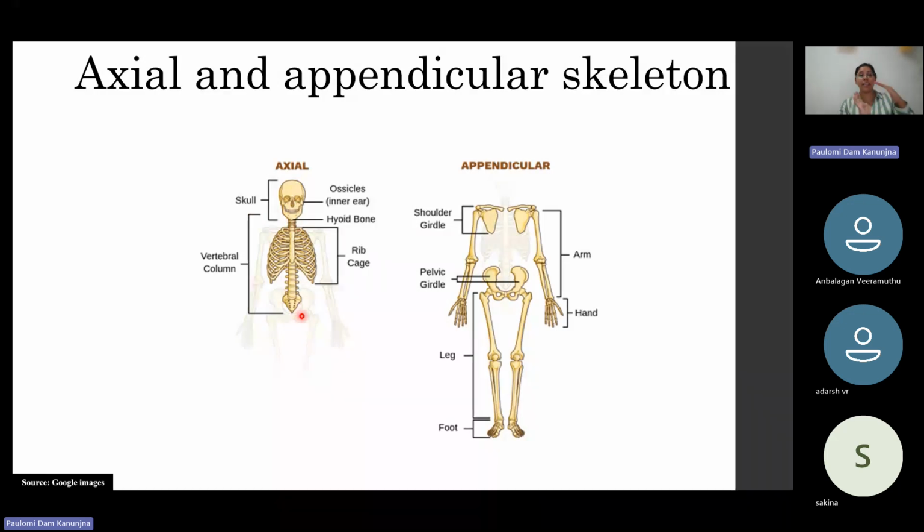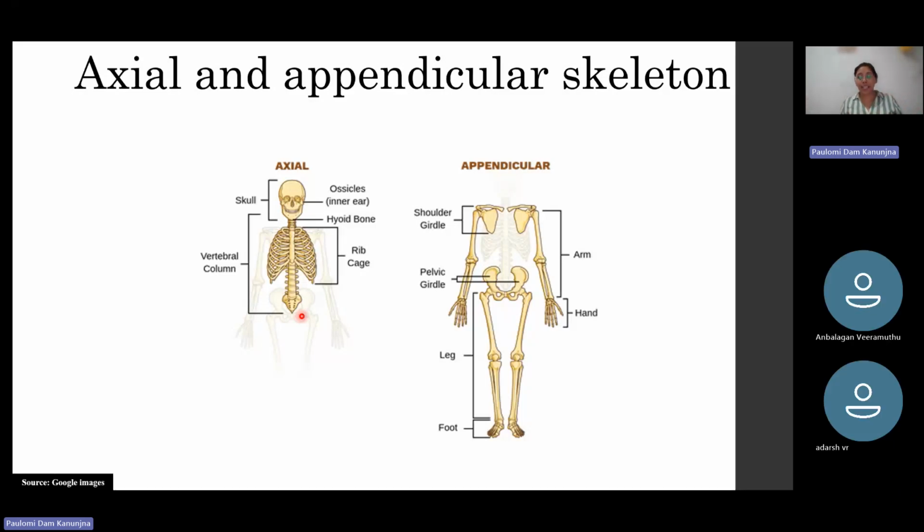So the vertebral column and skull make up your axial skeleton, while everything else is appendicular, be it your limbs, legs, pelvic girdle, shoulder, hands, anything. Appendicular means everything which is supporting the axial. Axial is the basic framework: the skull and the vertebral column.